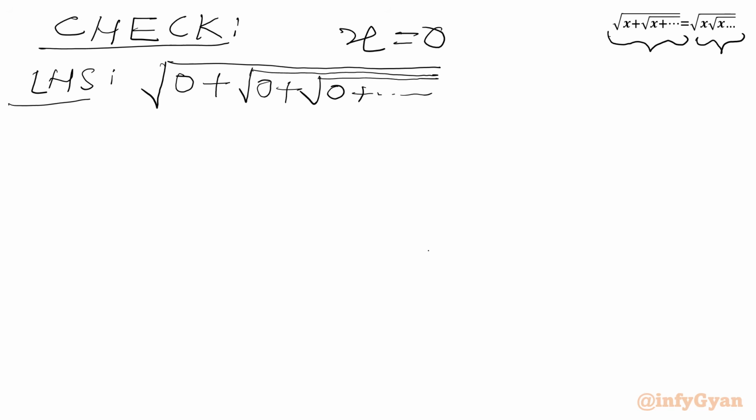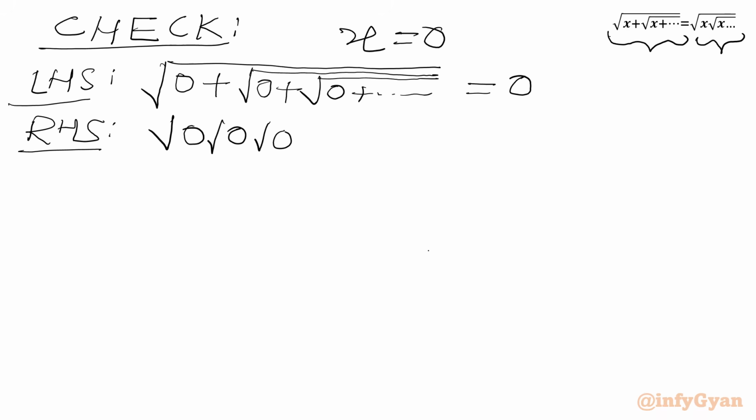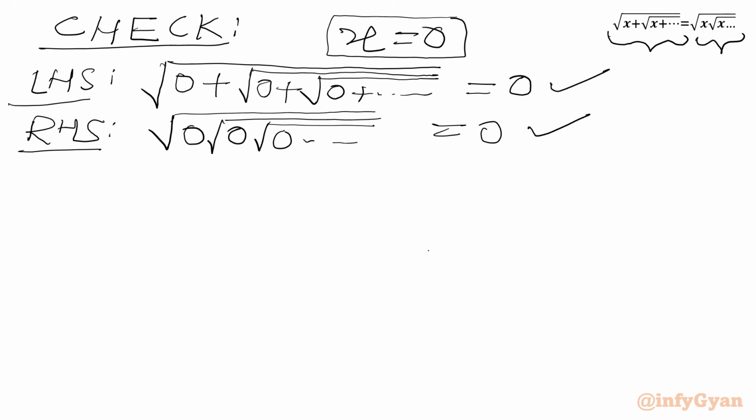We are adding all the zeros, we will be getting 0. Now the turn of RHS, as it is in product form, we will write square root of 0 times square root of 0 times square root of 0 up to infinity. Value will be 0. LHS equal to RHS, hence our solution x equal to 0 is true and verified.